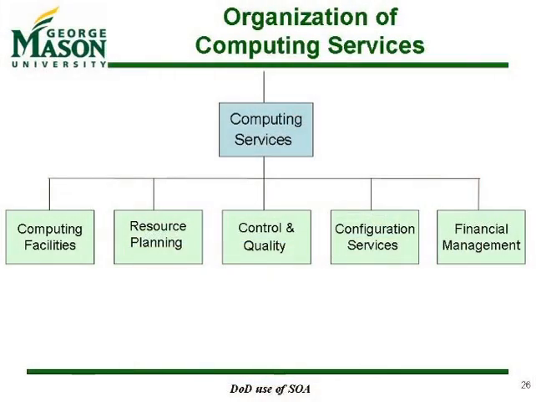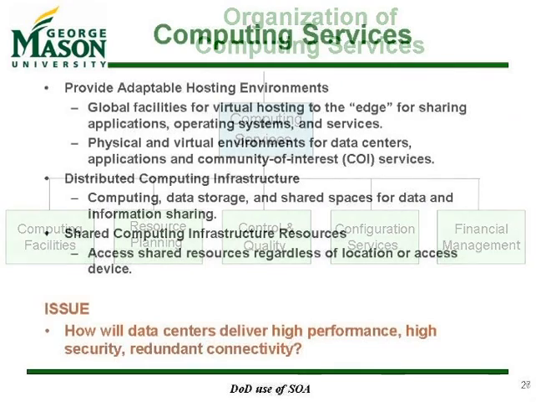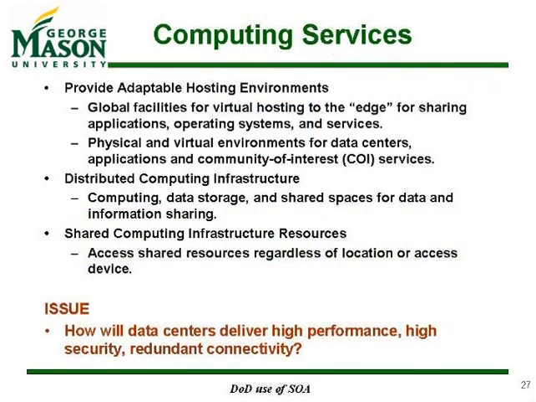A cloud is lots of servers all over the place, and when you go in, you never know which will execute what, because things are done in triplicate, just to make sure that things get delivered. So you need an adaptable hosting environment, a distributed infrastructure, and shared computer resources.